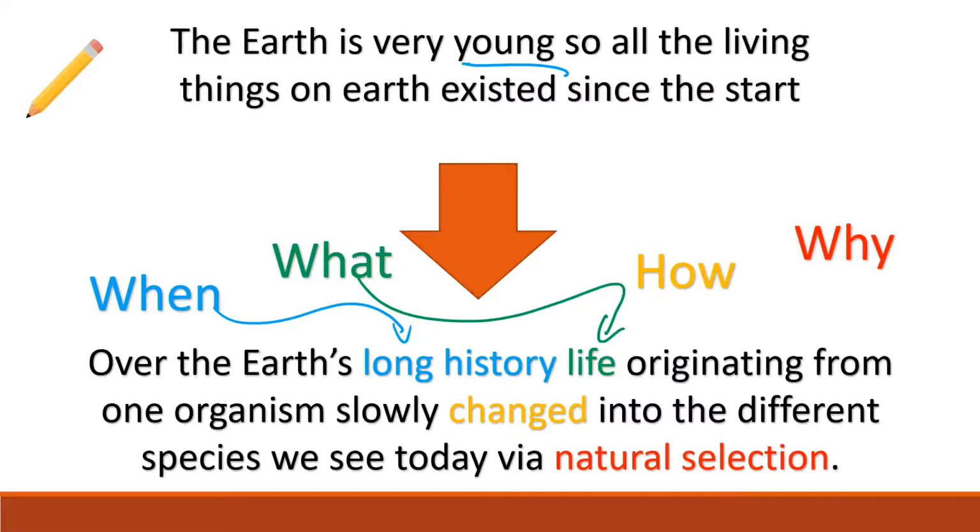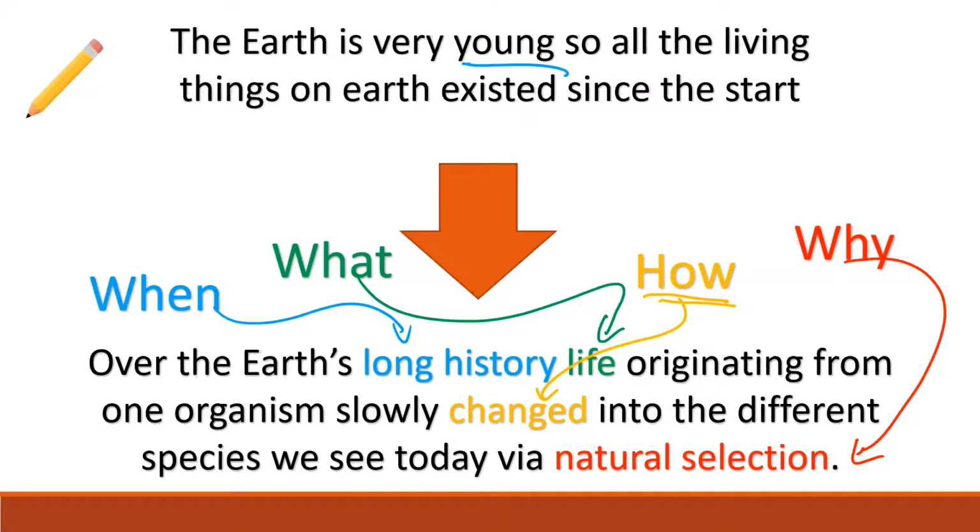It's a time question. The next one is, even if we do accept that animals change over time, how do they change over time? Are they changing by generations, or are they changing within one animal, and then that animal changes? The last question is, if they are changing, why do they change?